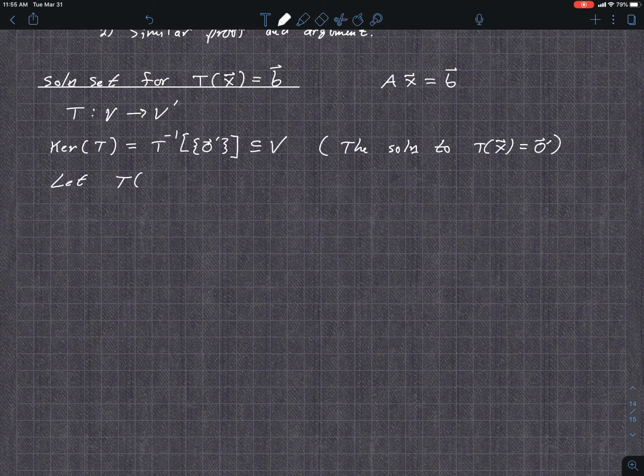All right. Let's also let T of x equal to b, as we stated above.